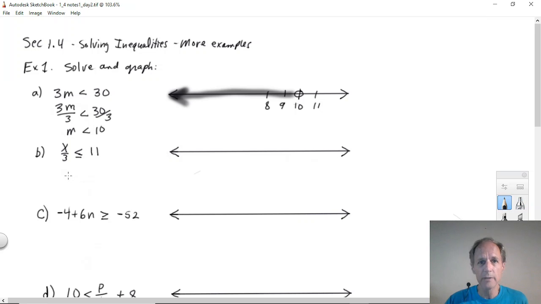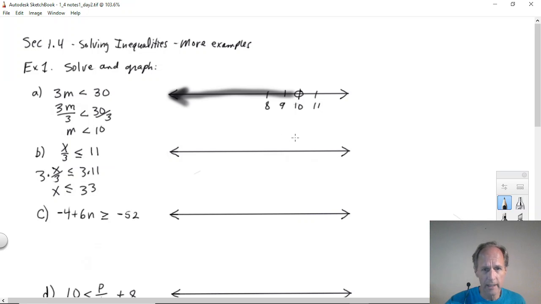Here we want to multiply both sides by 3 to get rid of that 3 that we're dividing by. And on the left, we just get x, and x is less than 33.